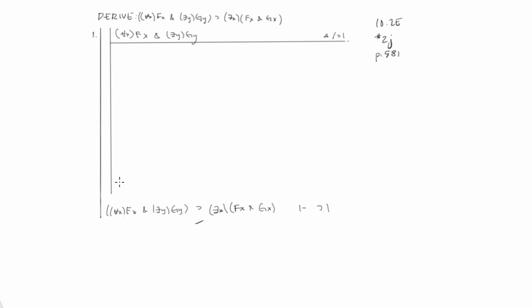The very last line of the conditional proof subderivation is the consequent of the conditional we are after, and in this case it's there's an x, fx ampersand gx. So let's think now about how we might go about getting this new target sentence, this existential generalization.